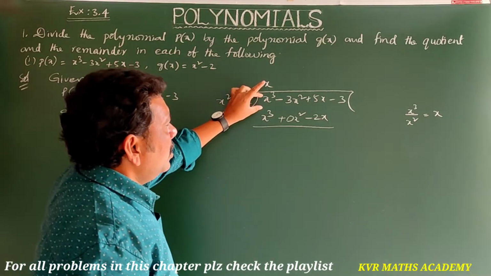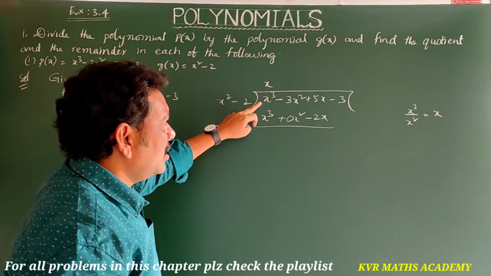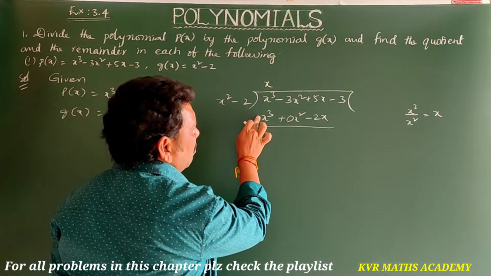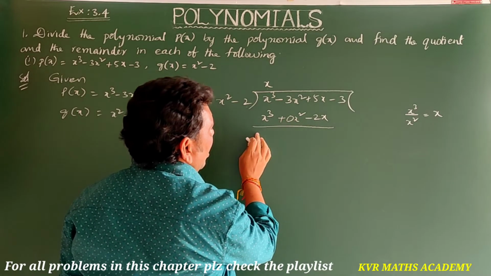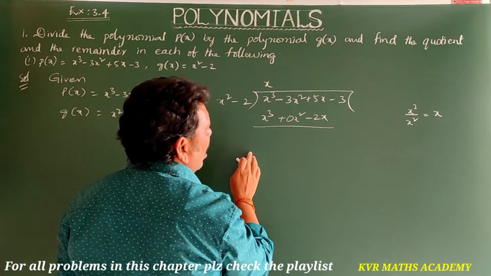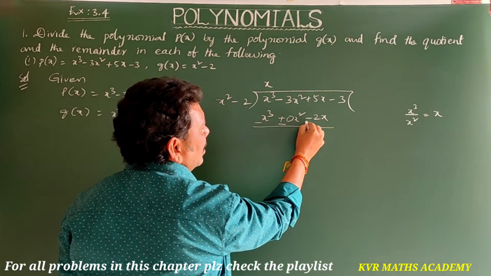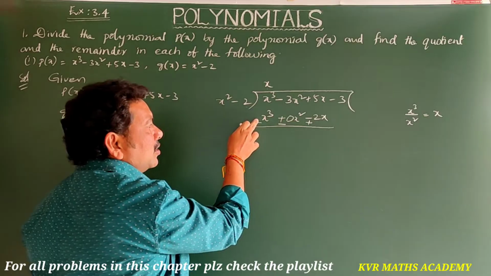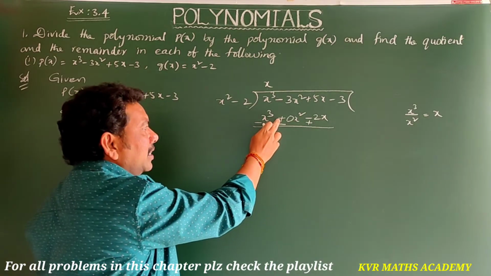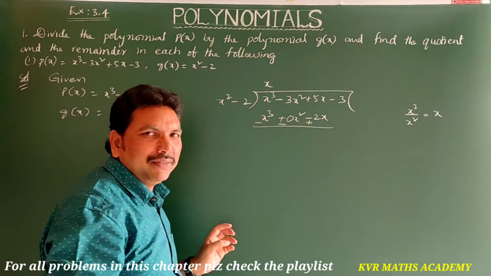Now subtract these. Whenever we subtract, we have to change the signs. This is minus, minus, plus. So I have changed the signs: minus, plus, minus, minus, plus.